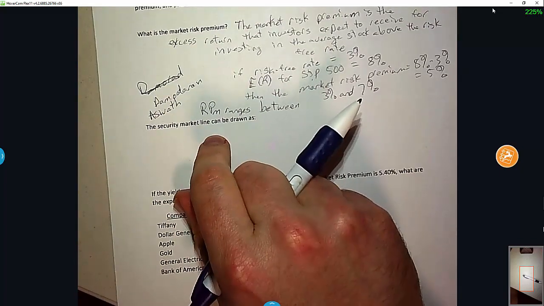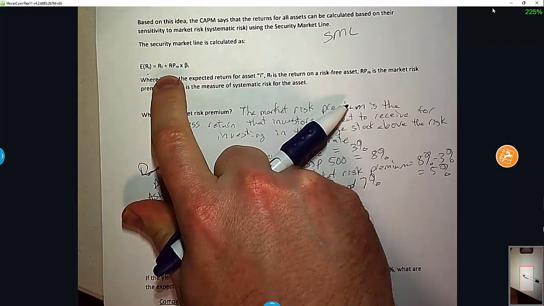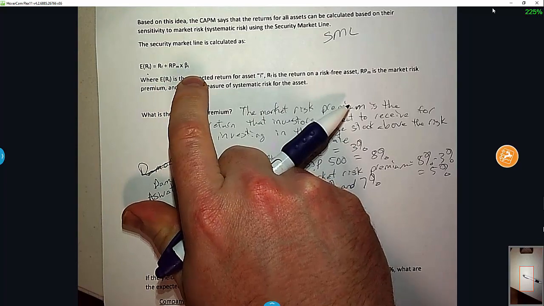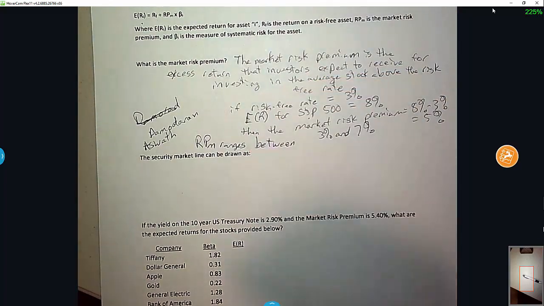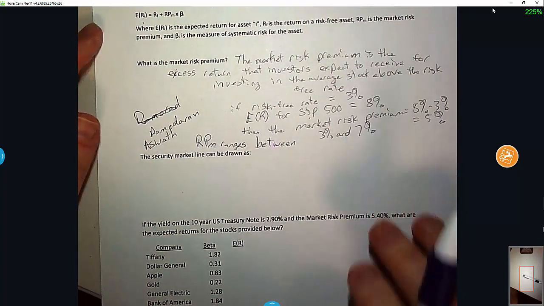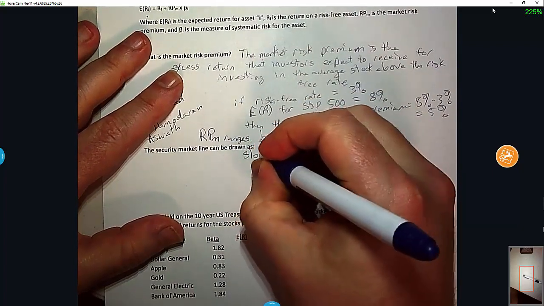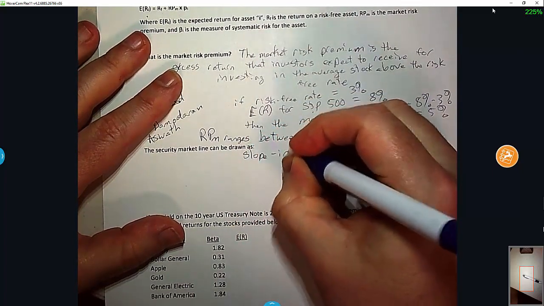So the security market line, remember the security market line is this. The expected return is equal to the risk-free rate plus the market risk premium multiplied by the beta. We can draw it. So take a second and think back to middle school. You might have learned something called the slope-intercept form.